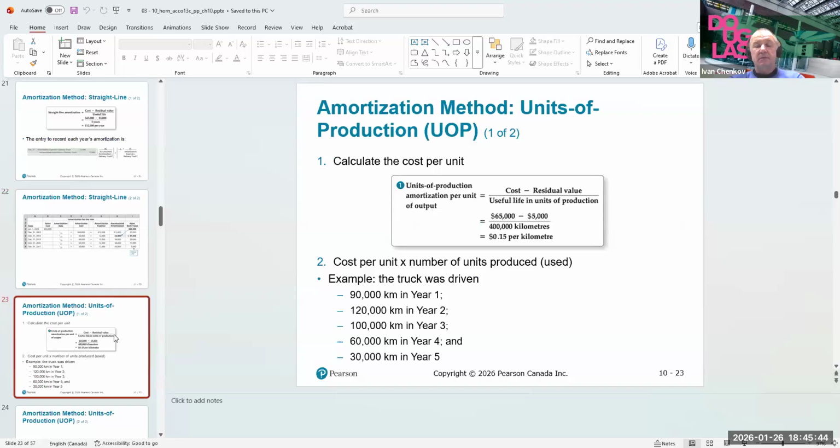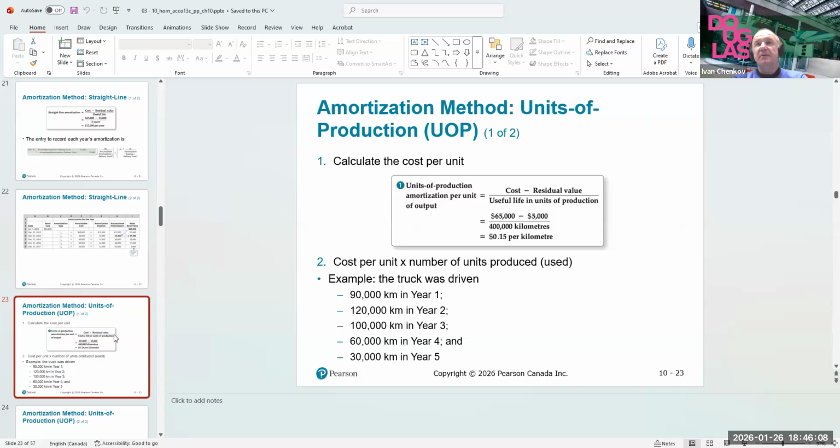Unit of production method. Again, we're going to find out what's the amortizable amount. Then we're going to see how we're going to use the asset, based on what allocation we're going to use the asset. Is it number of units produced or kilometers driven or anything that we can produce with the asset?